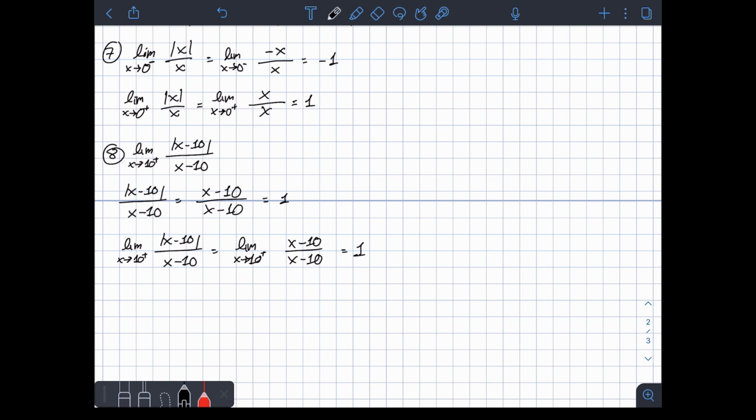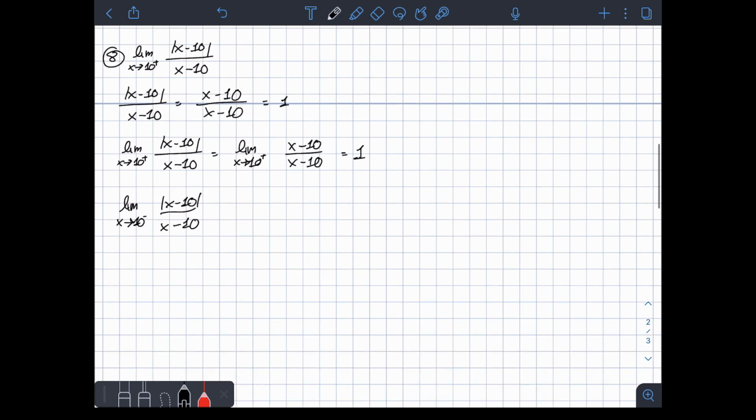If you are having x approach from the left, for the limit as x approaches 10 from the left of that same value, well then this is equivalent to the limit as x approaches 10 from the left of negative (x - 10) over (x - 10), because if x is approaching 10 from the left, that means x is less than 10, which means x minus 10 would be a negative value.